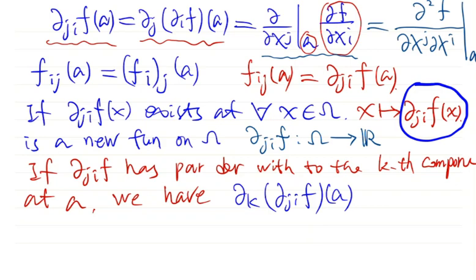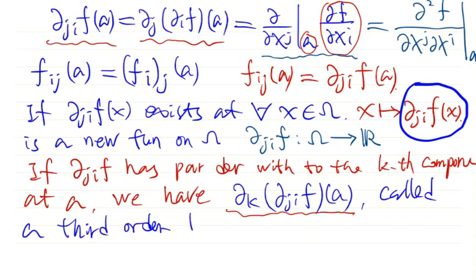This is a number. This is the partial derivative of the second order derivative function with respect to xk at the point a. This value is called a third order partial derivative of f at this point a.